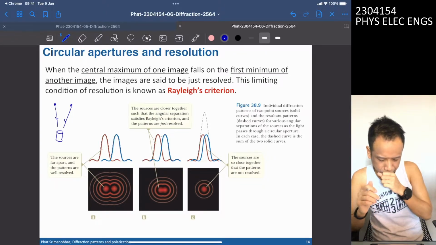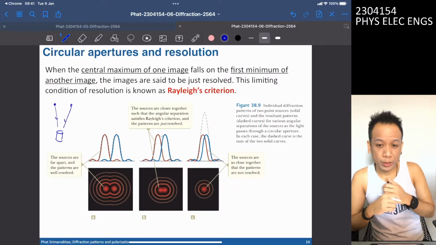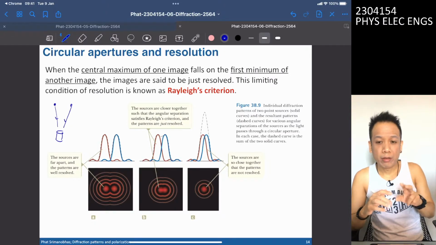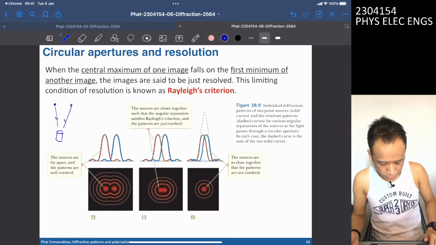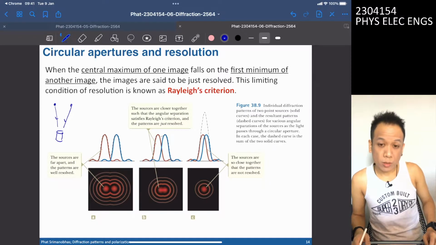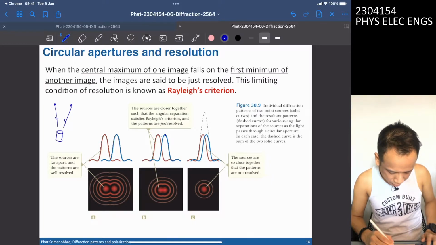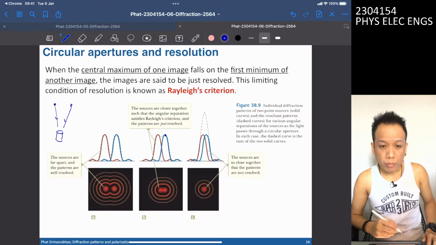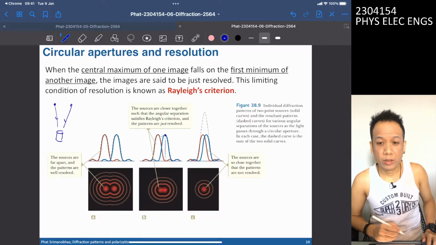So we have the criterion called the Rayleigh criterion: if you have two sources of light, you can see that they can be resolved if the maxima of one object is at the minima of another object.